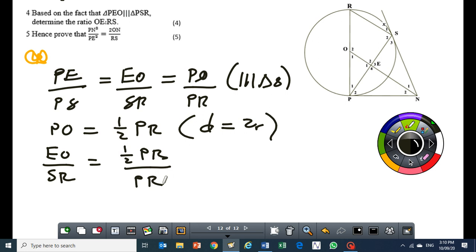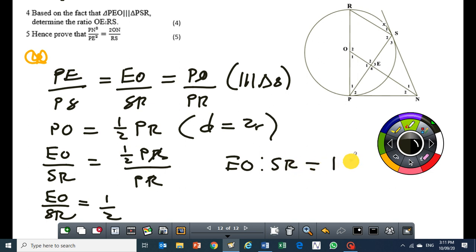Okay? Now, when you want to simplify this, these two cancel. So you can end up having EO over SR is equal to what? Half. Now, what does this mean? This implies that the ratio of EO to SR is going to be equal to 1:2, not 2:1. This means you need 2 EOs to get SR. That's what it means.